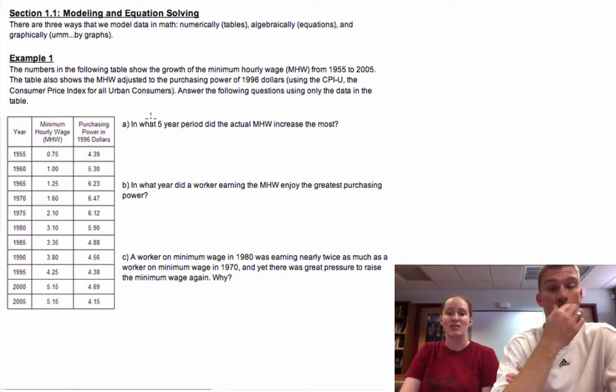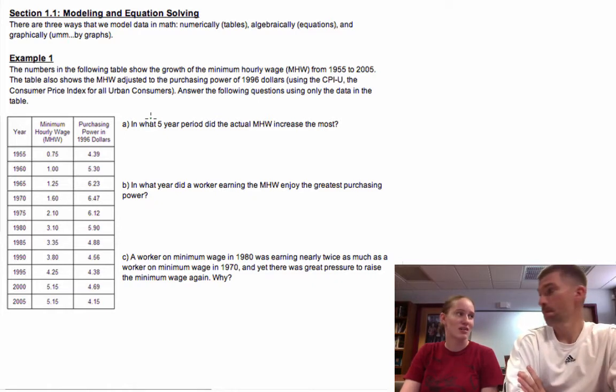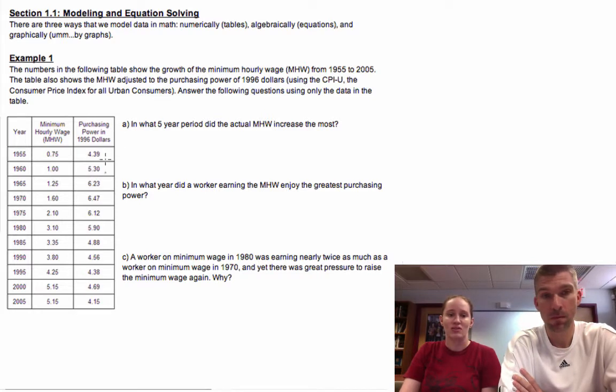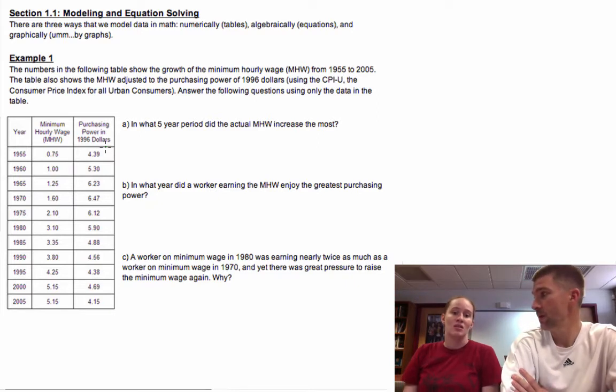Because 75 cents in 1955 is not like 75 cents now. You could get a Coke for a nickel back then. So this other column shows, on a more standardized line, what that amount would have been worth in 1996, in a dollar amount we would be more familiar with.